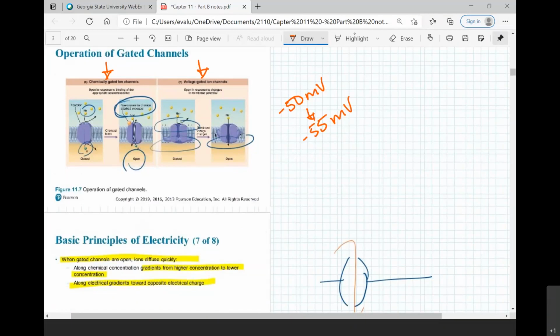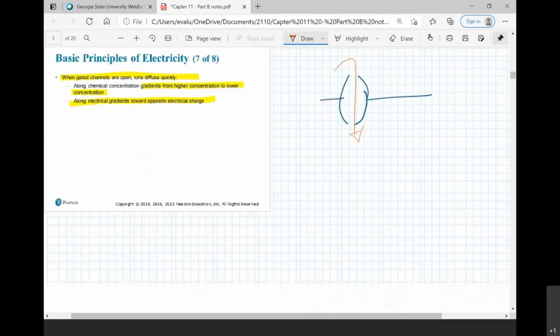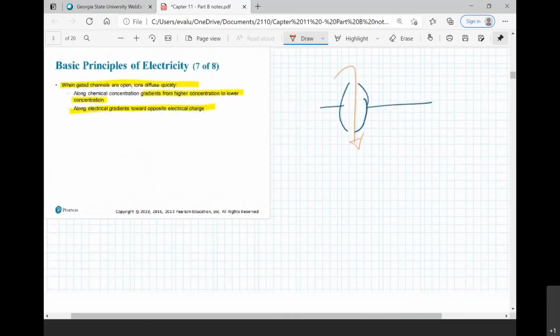Another basic premise of electricity is that when you open these channels and the gate is wide open, ions move rapidly. They move very, very quick. And we've talked a lot about this, but chemical concentration will go from high to low always. Electrical concentration will go from high to low, but it will also go towards its opposite electrical charge.